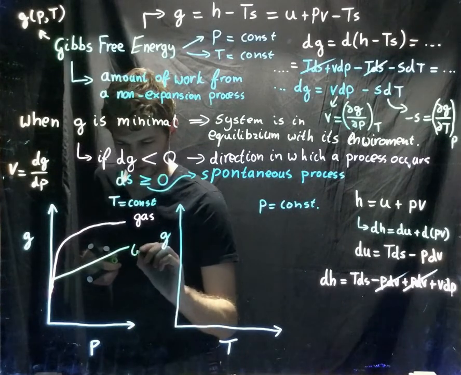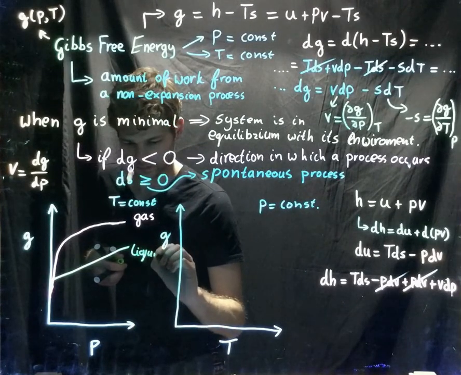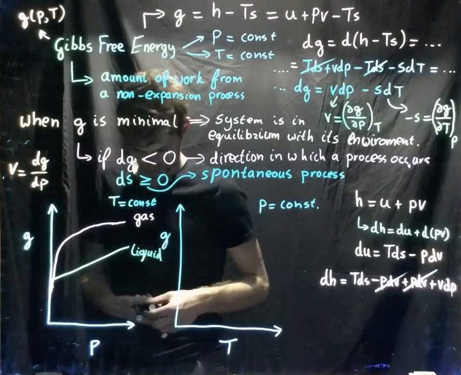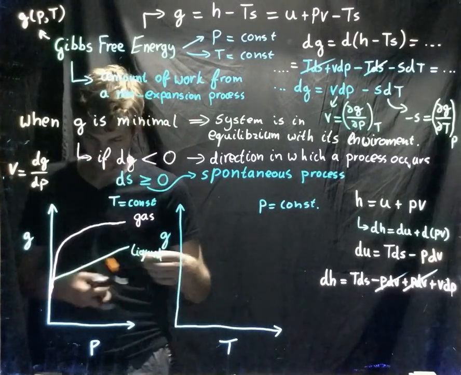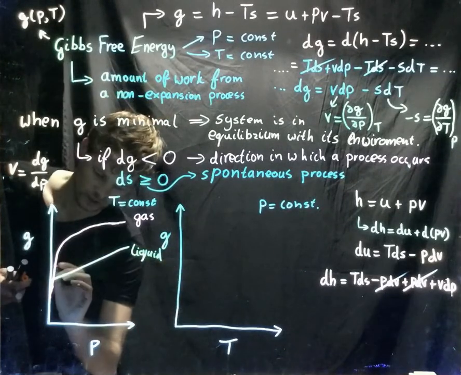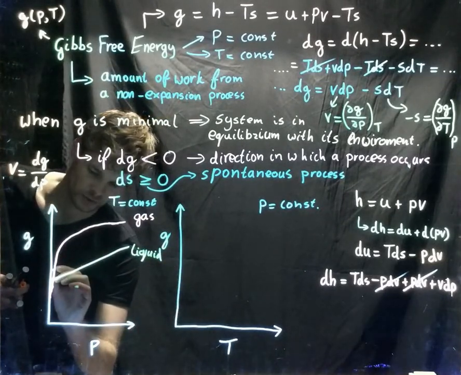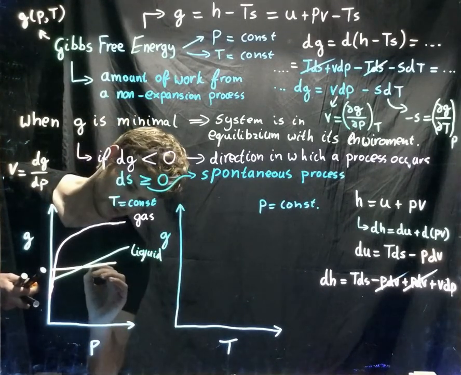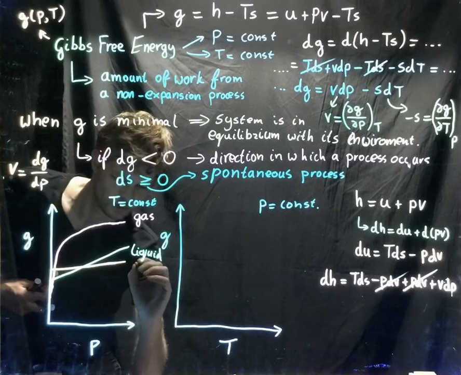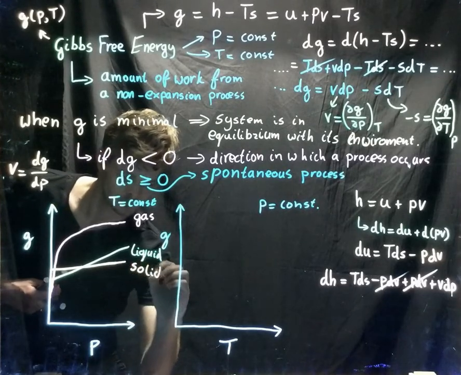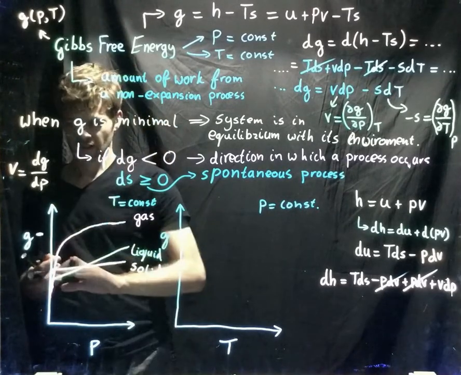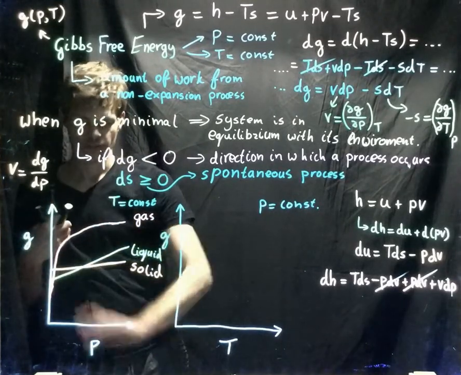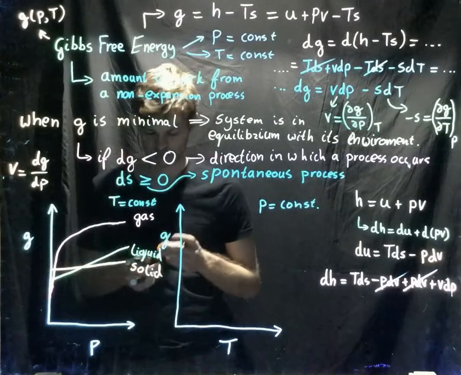So here we've got a liquid, which is harder to compress. And of course, when we've got a solid, that's even harder to compress. That line would be almost horizontal. So this might even be too steep. So solid. So here we've got an idea of the behavior of the Gibbs free energy with respect to pressure for a fixed temperature.